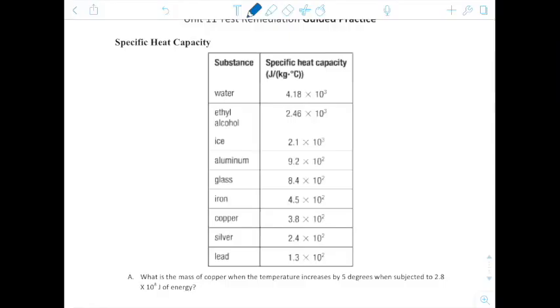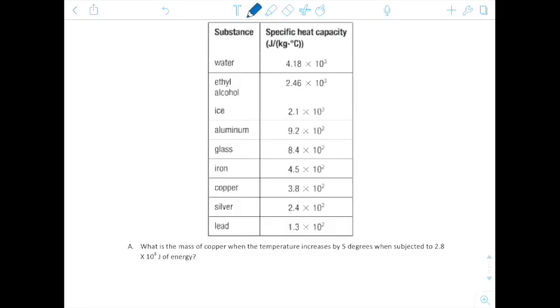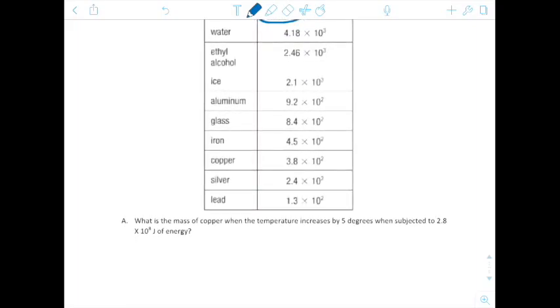Looking at specific heat. So when working with specific heat, we're using the equation Q equals mc delta T. And so we have our specific heat capacities. Pay attention to our unit here as joules per kilogram degrees Celsius. And so it's of different substances.